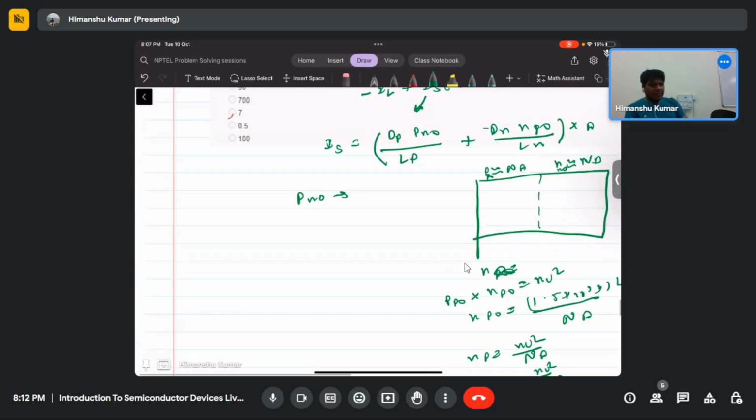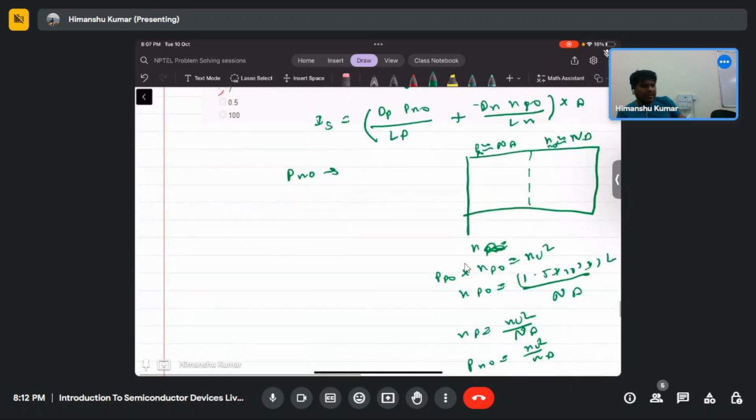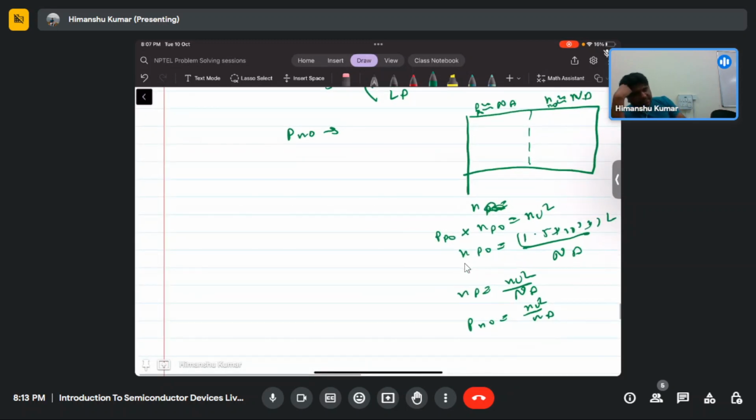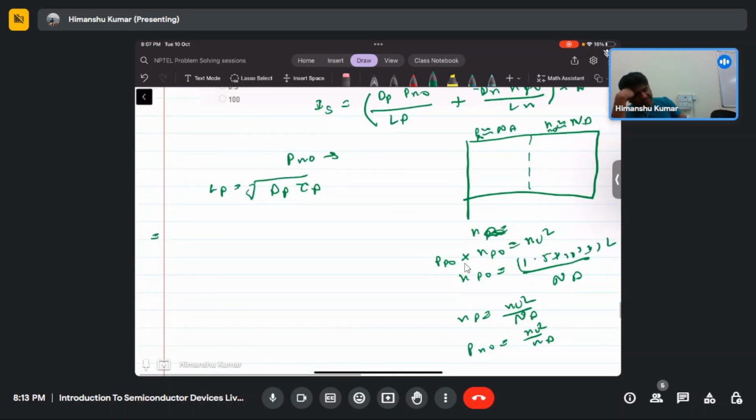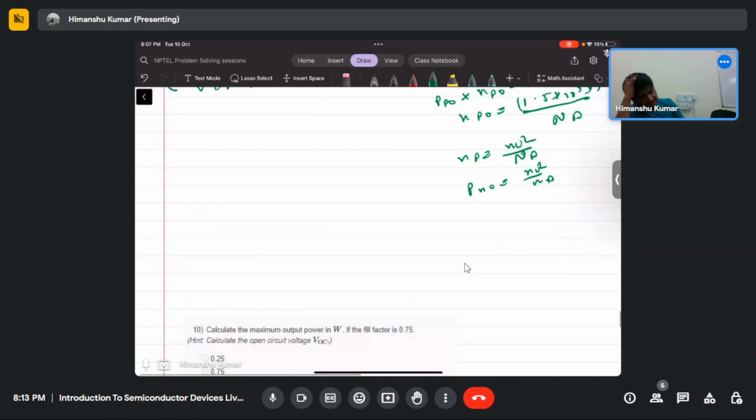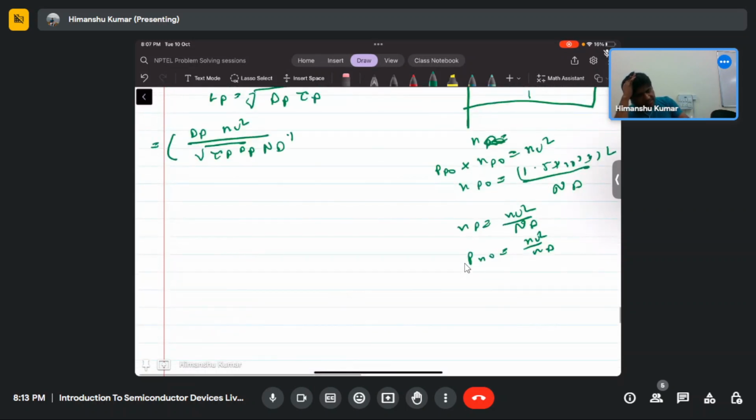From the drift diffusion of the carrier, Lp is square root of Dp multiplied by tau p. If we put all the values, then Dp multiplied by Ni square by Lp, where Lp is square root of Dp tau p, and Pn naught is Ni square by Nd.